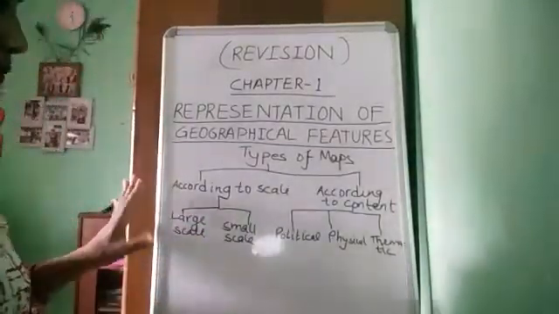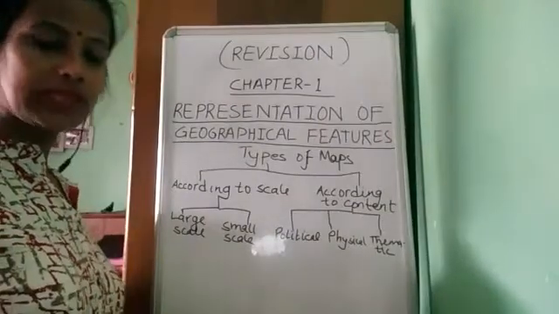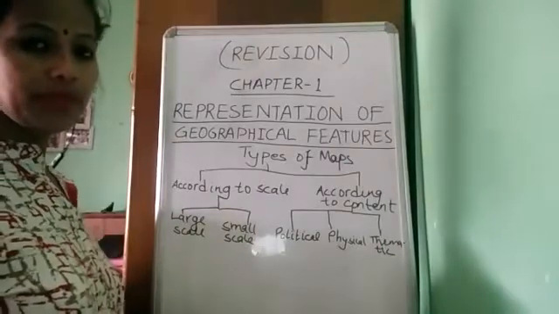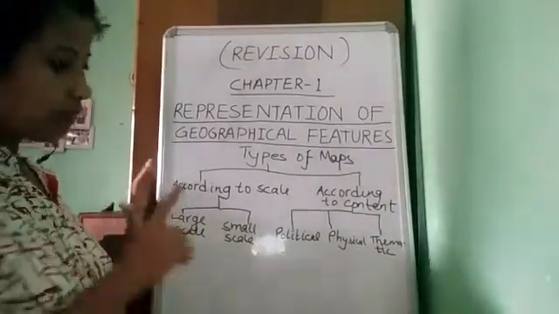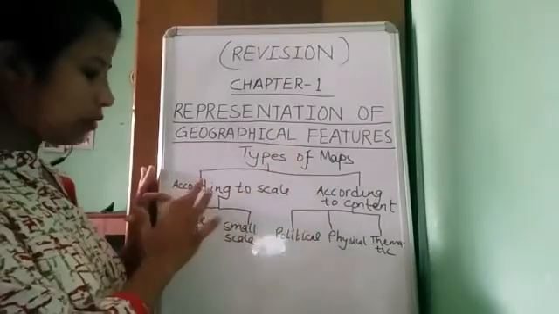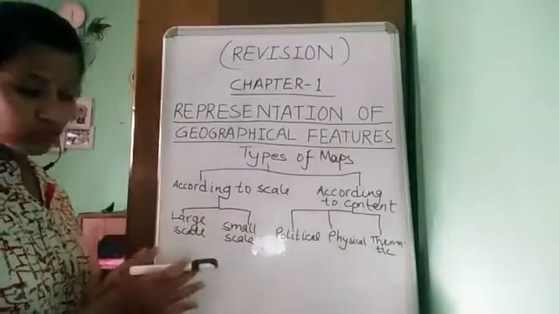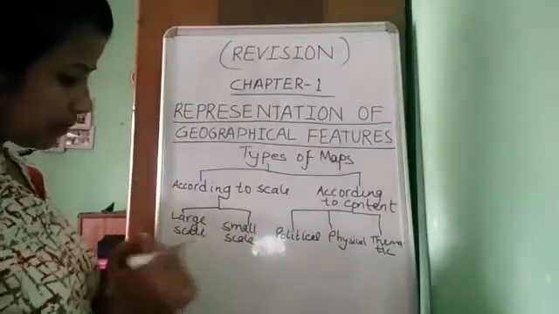Now types of maps. There are two types of map. We can classify maps according to scale and according to content. According to scale, there are two types of map again, large scale and small scale.